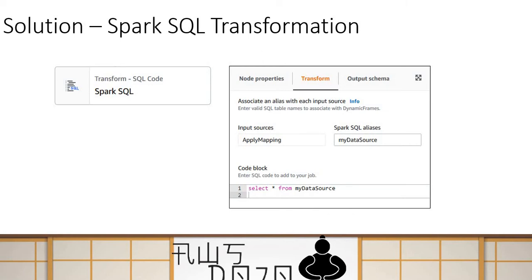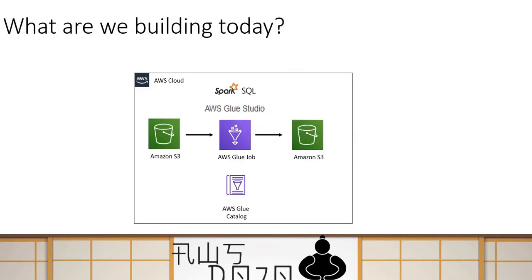Now, having talked about all these three features, what are we going to build today? We will create a Glue job using Glue Studio, where we'll read data from the S3 bucket, infer the schema, then use the Spark SQL transformation node to do a small transformation, and then write the transformed data back to the S3 bucket in a different location, and also catalog that data at the same time using the Glue job.